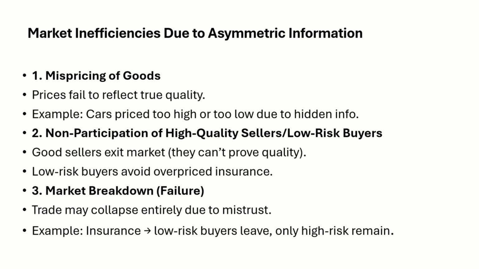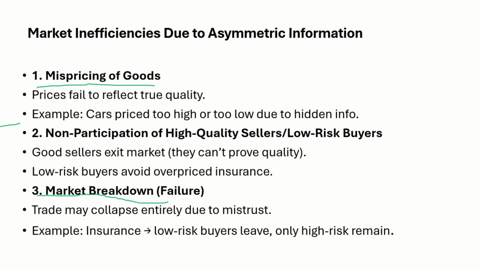Now we deep dive into what actually occurs due to asymmetric information. One is mispricing of goods, you can note that. The second is the exit of high quality sellers, and the third is market breakdown, also called market failure. Mispricing of goods is a big one. When one party knows more than the other, it can lead to prices that don't reflect the true value of a product. Take health insurance, for example.